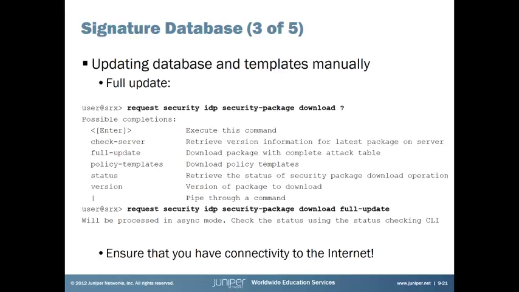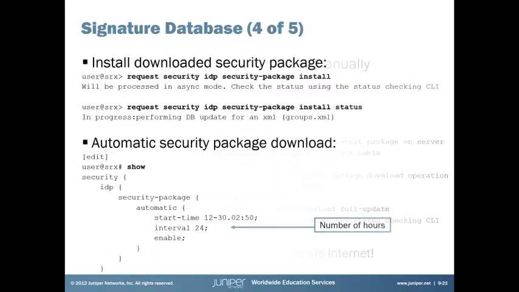It takes a few minutes to pull it down. Once you've got it downloaded, you'll then need to install it. The command there is request security IDP security package install, and then that installation process will start running. And you check the status of that as it goes.